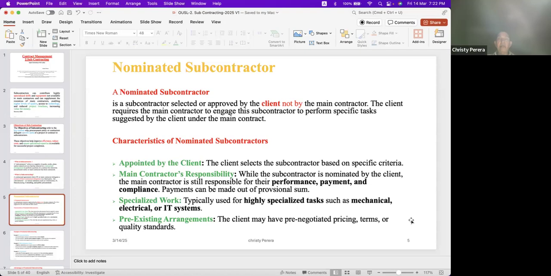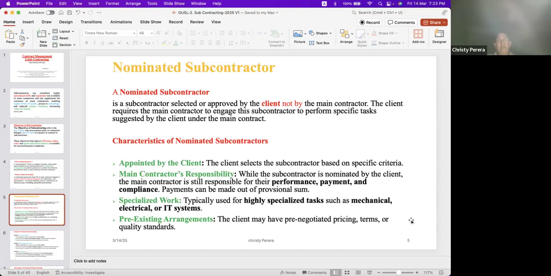I am already with the nominated subcontractor because I have nominated him. The big responsibility is with me also. I will discuss with him, okay, how are you going to plan this? And what is your price? Pre-negotiated price, that's what I say, early before I nominate him.